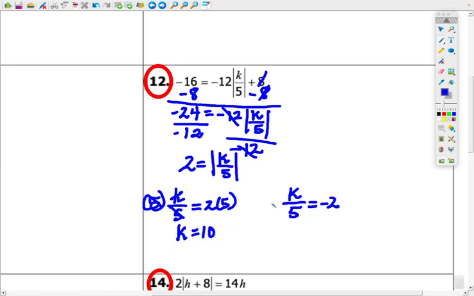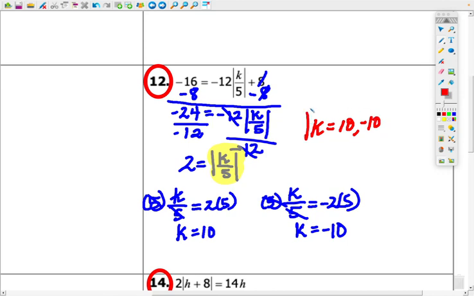And on this side, when I multiply by 5, I'm going to get k equals -10. From this point, I would substitute these values back into this expression, k divided by 5, and see if I got a +2. To save a little time, I'm just going to go ahead and let you know it does work. Okay, so those two solutions, 10 and -10, will work once they are checked.